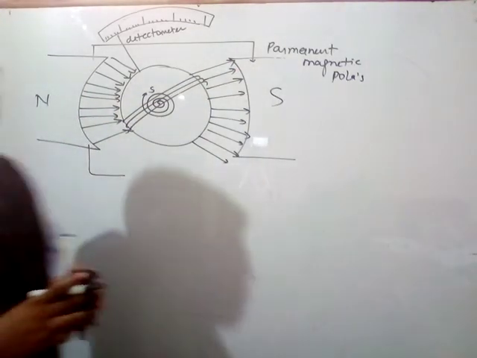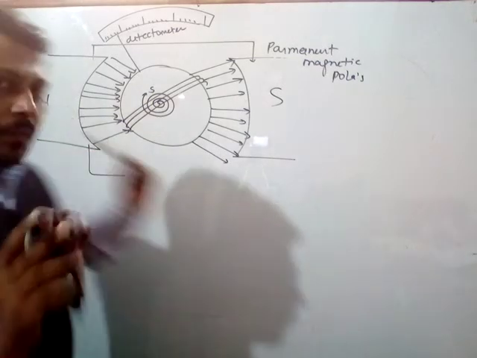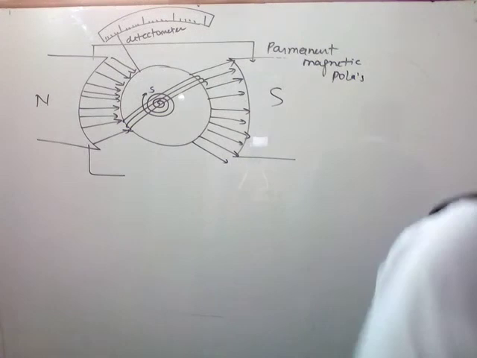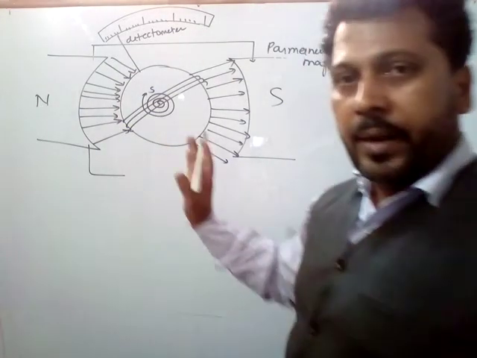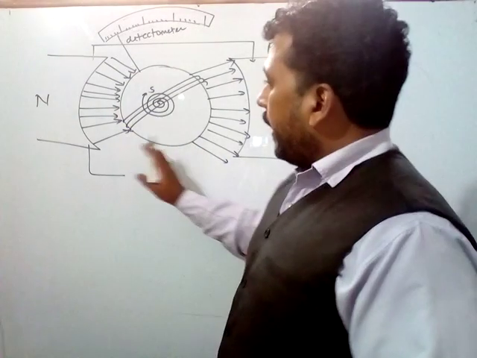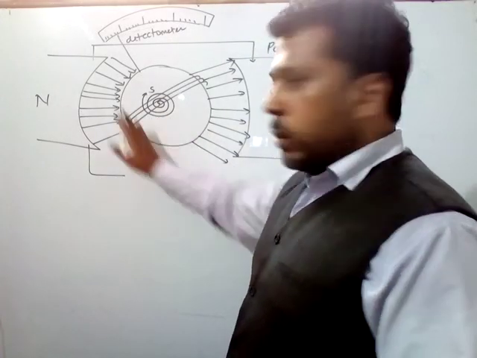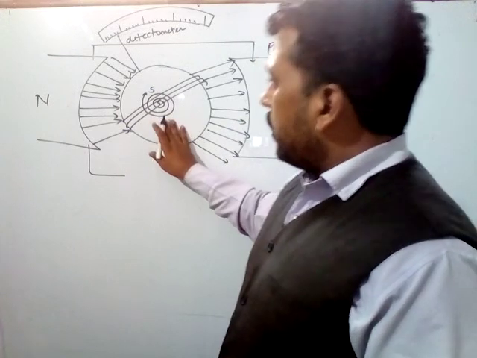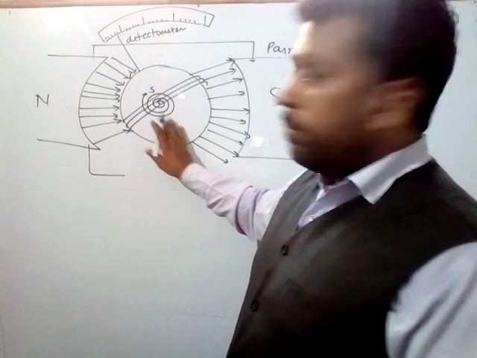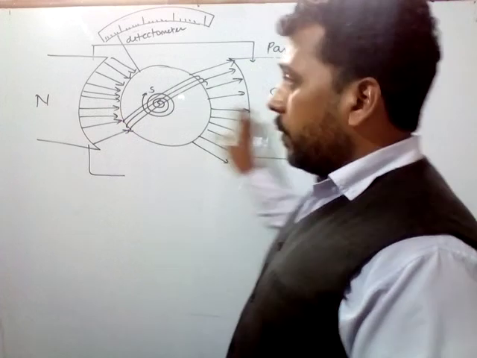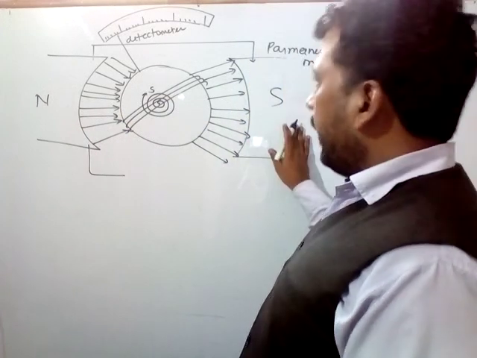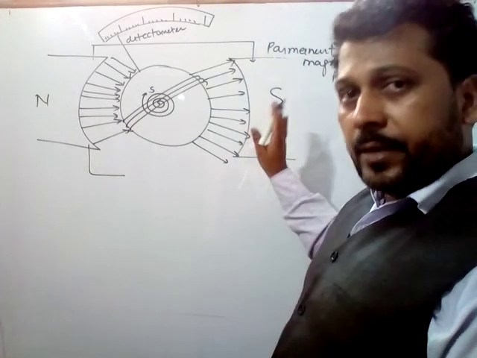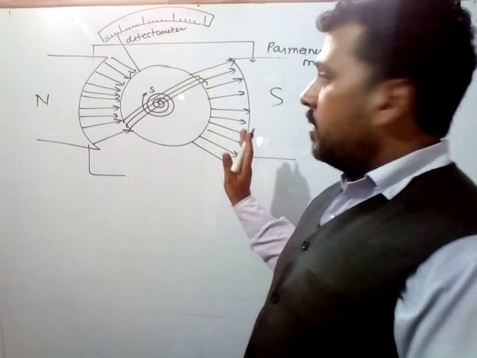So in the moving coil galvanometer, radial magnetic fields are produced, and this circular loop is placed between the two strong permanent magnetic poles N and S.